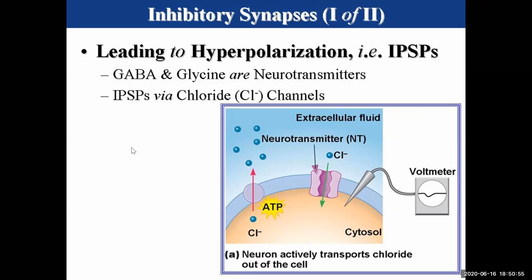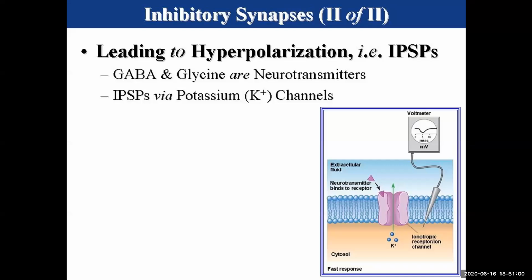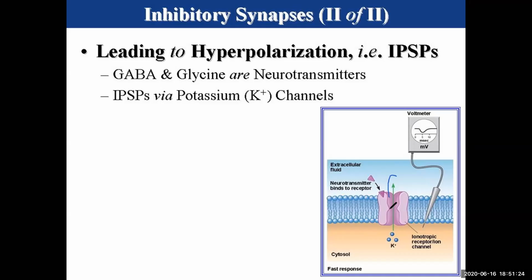So let's go on to talk about the second mechanism to generate IPSPs. Again, the neurotransmitter binds to an ion channel, and this channel that I mentioned earlier is unique in the sense that it effluxes only potassium. So the cell is losing positive charge, right?